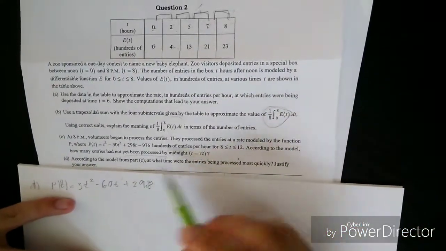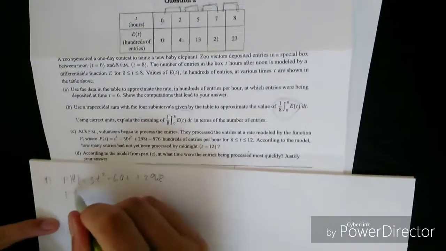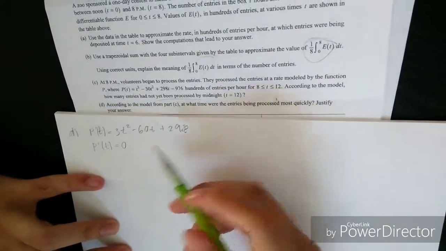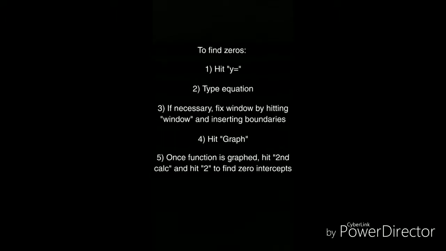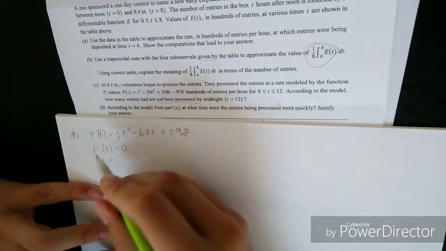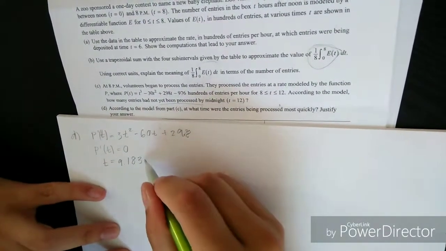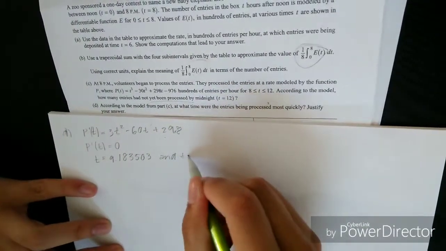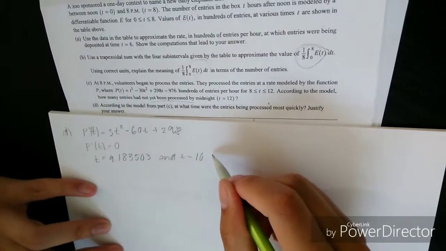So what we need to do is find our critical numbers by setting P prime of t equal to 0. Now this is a calculator problem. You could simply plug it into the calculator to figure out your zeros. Once you do, you're going to get 2 zeros.